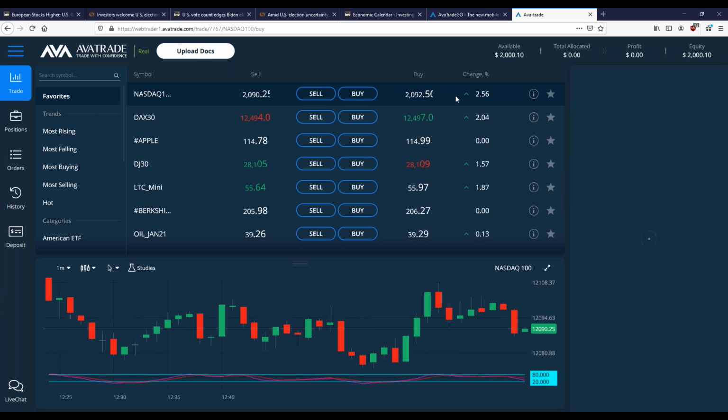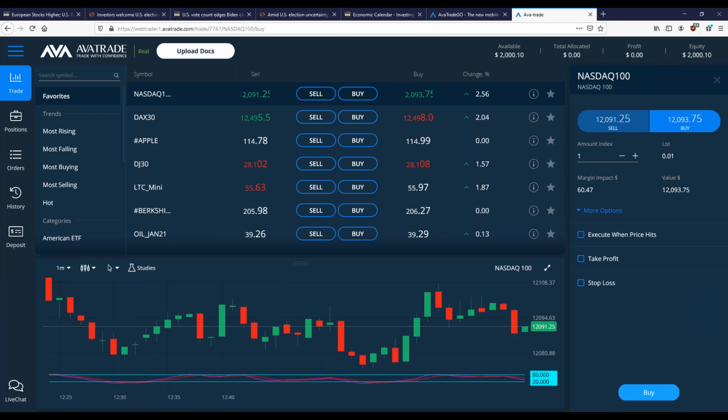If I say I want a take profit at a certain price, maybe 12,500, there's how much I'd make with the current trade size. What if I said I want a bigger trade size, I'll do 0.05 lots. Well, here's how much I'd make, calculated to my account currency, 2025.